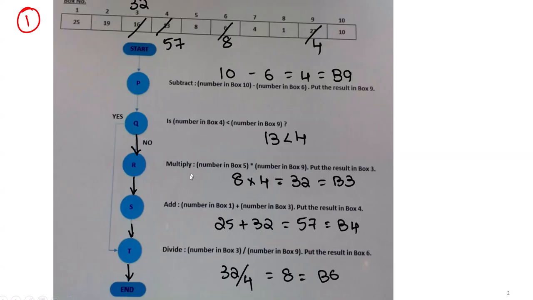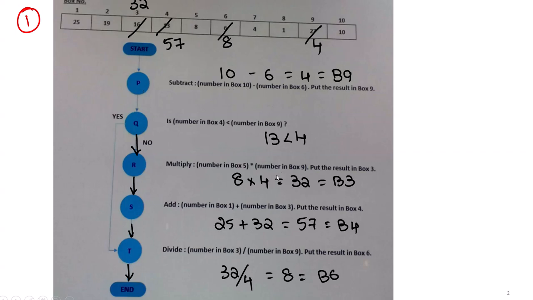Okay, if we perform S, T, other option R. If you perform R before Q, what will happen? Box 5, box 9. Box 9 is updated, and we are using that here. We cannot perform before Q. P is here.